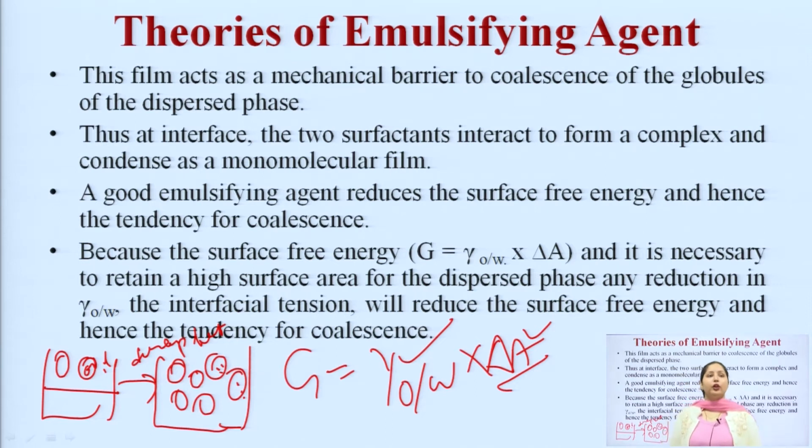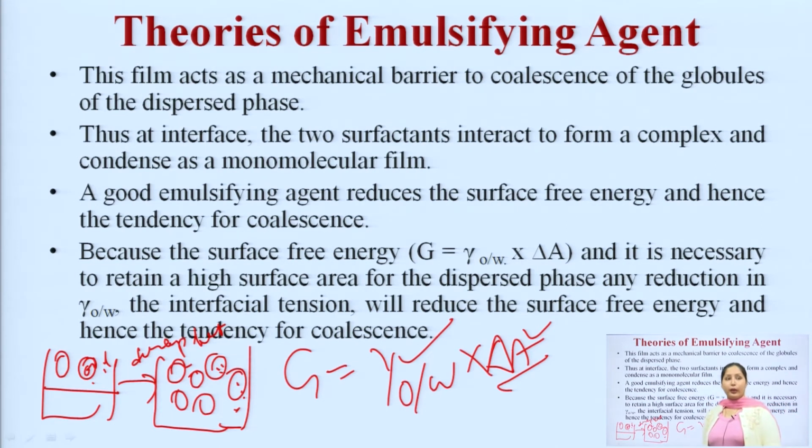It is necessary to retain a high surface area for the dispersed phase. Any reduction in interfacial tension will reduce the surface free energy and hence the tendency for collision. So, for making the system stabilized, it is necessary that the oil should be dispersed in the form of fine globules.